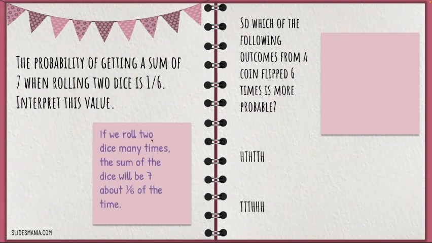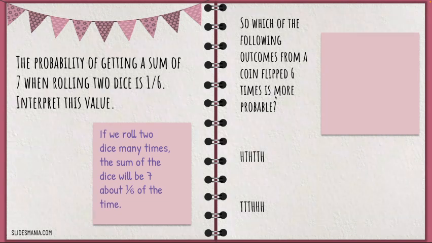If we roll 2 dice many times, the sum of the dice will be 7 about 1/6 of the time. Remember in chapter 1 how we never said anything was absolute? We used the words roughly, about, approximately. We want to continue using those. Don't say it will be 7 1/6 of the time. You have to add in the word about, approximately, roughly. It's never absolute, remember?